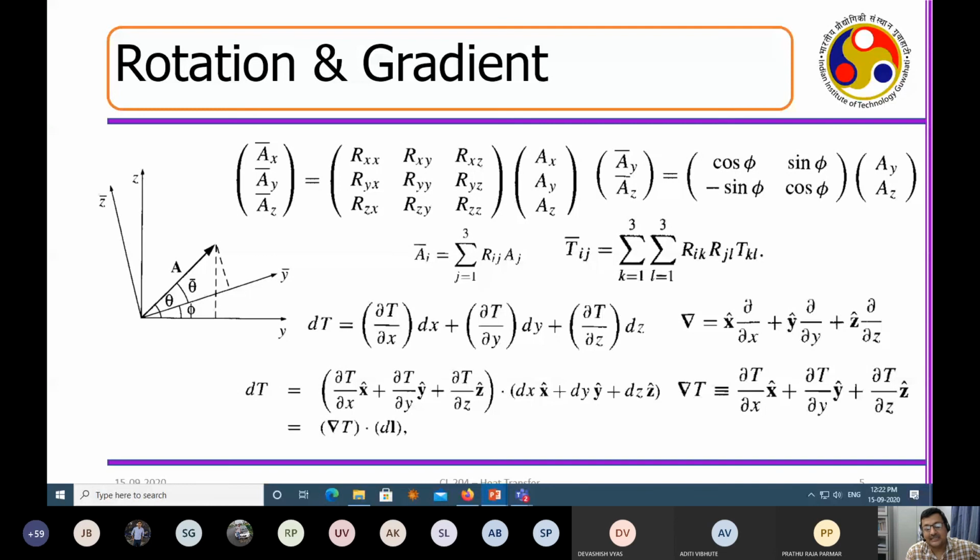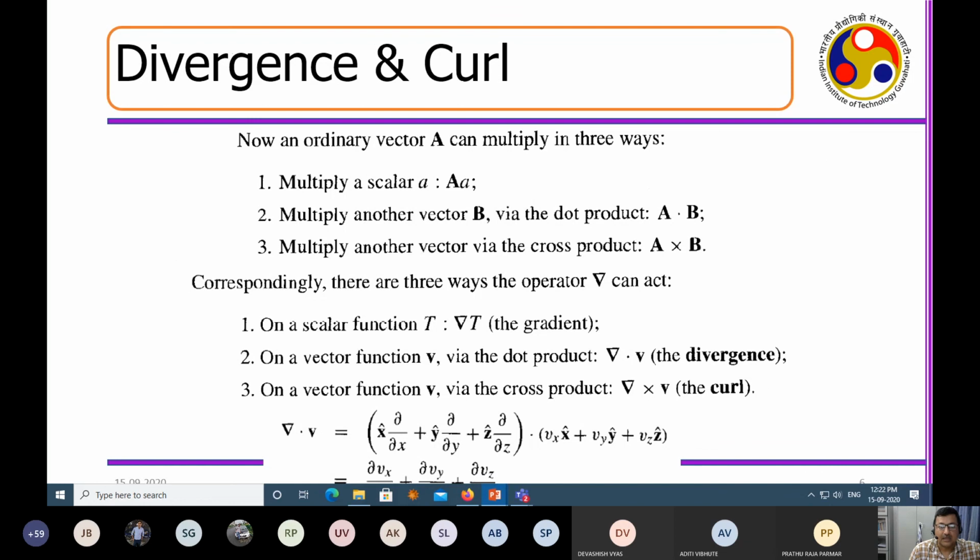Then you can rotate and give whatever type of rotational transformation. Suppose I give a theta rotation, I just have to multiply with this. Suppose this is a phi rotation, I just have to multiply with this matrix in order to get the projected amount. Just remember, these are all simple mathematical juggleries that we are doing.